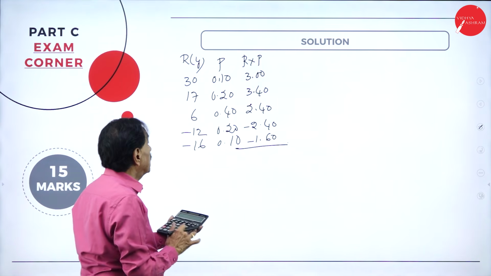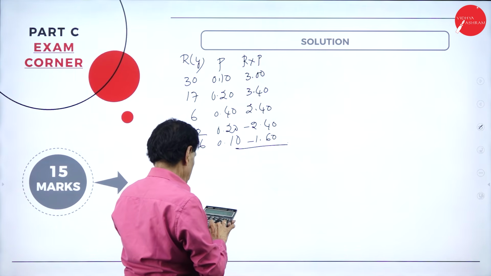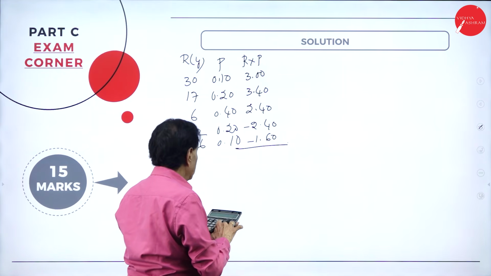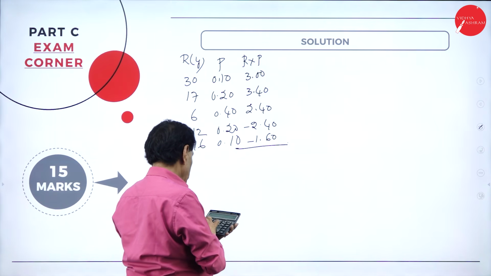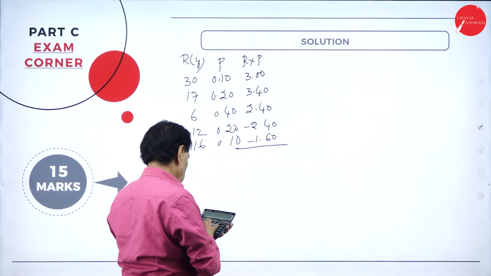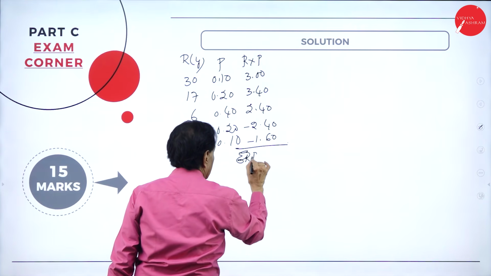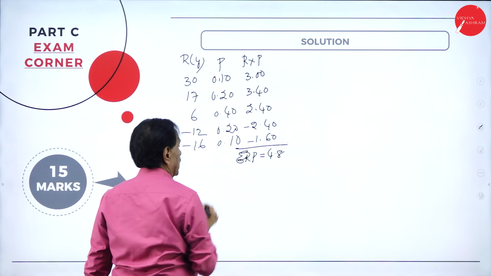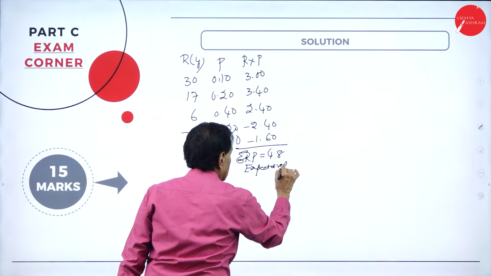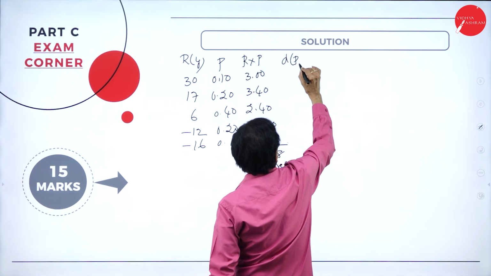Add: 3 plus 3.40 plus 2.40 minus 2.40 minus 1.60 is 4.8. Sigma RP is 4.8, the expected return. Now d, R minus R mean.